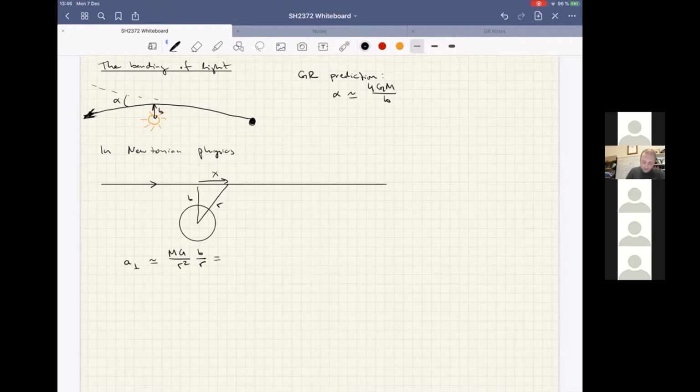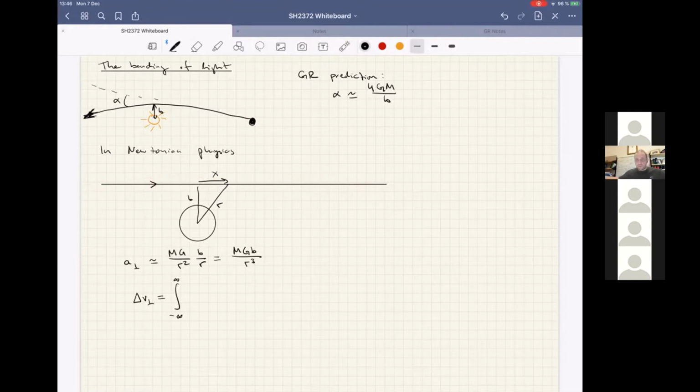So this all in all is mgb divided by r to the third power. And if I integrate this along all of this line, then I get the difference in orthogonal velocity to be the integral from minus infinity to infinity.